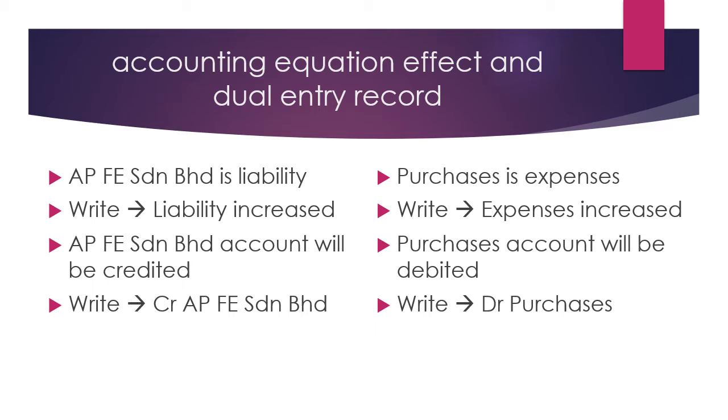Remember, accounting equation effect only uses the 6 letters, whether it is asset A, D, E: asset, drawing, expenses, or capital, liability, revenue. So if you do not have time to write the full name of expenses, you just put a capital letter E, so we will recognize that it's an expense.